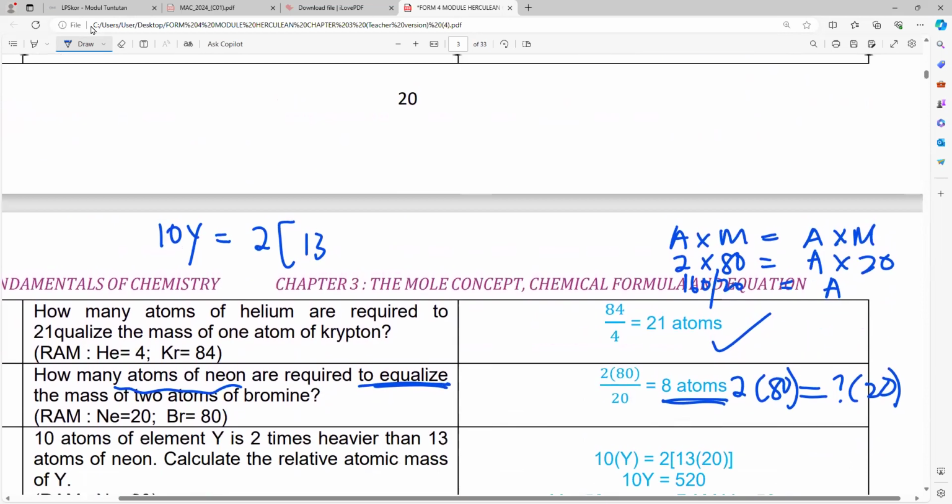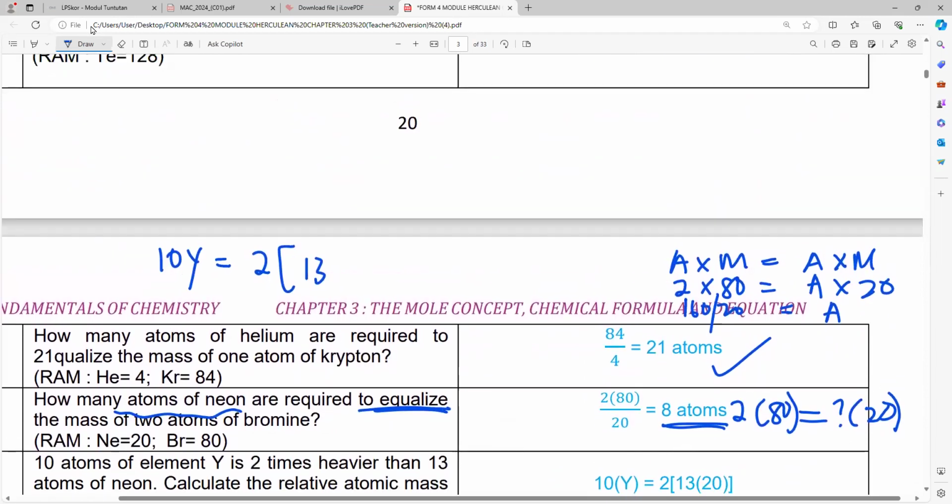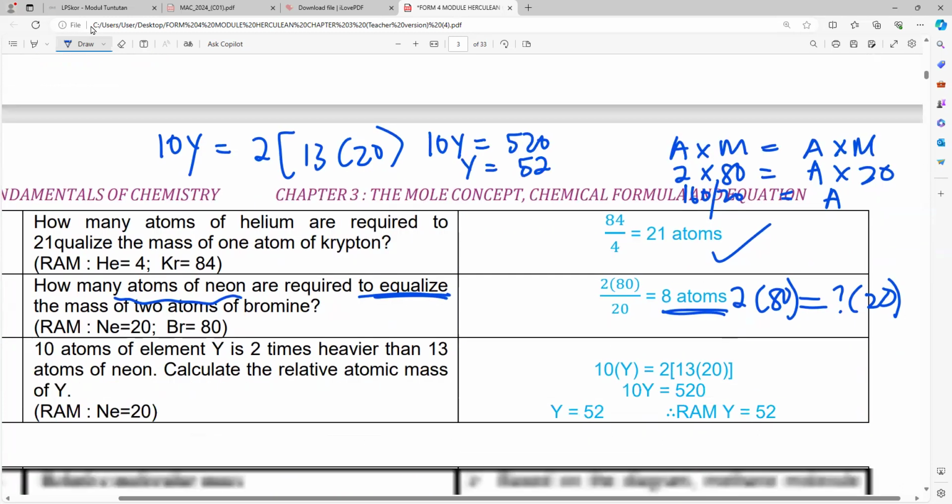And neon, we know it is 20. So 13 times 20 is 260. 260 times 2 is 520. So 10Y equals 520, and Y equals 52.